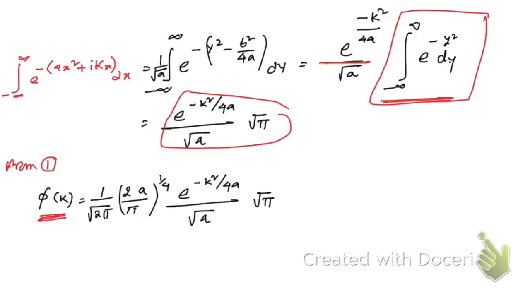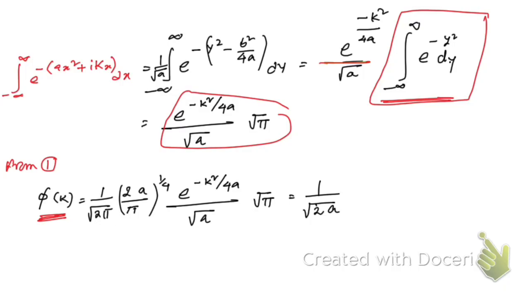Now you see, here you can see this root pi. Here root pi will be cancelled. Here we're gonna have only this, let me tell you: 1 by root 2a, this root a is written here, and this root pi and root pi gone.